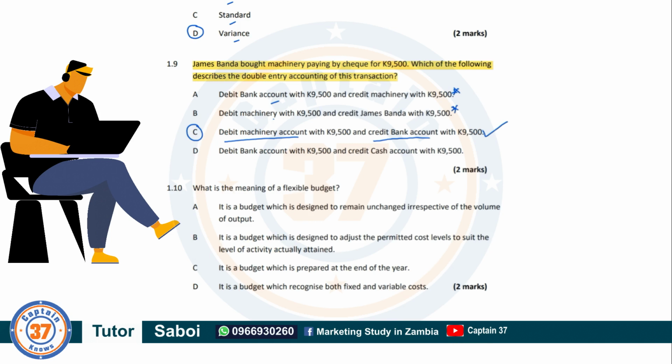Question number 10. What is the meaning of a flexible budget? Is it A, a budget which is designed to remain unchanged irrespective of the volume of output? Clearly here, no. The very fact that this proposed answer says unchanged makes it wrong, because flexible means something that's able to change.